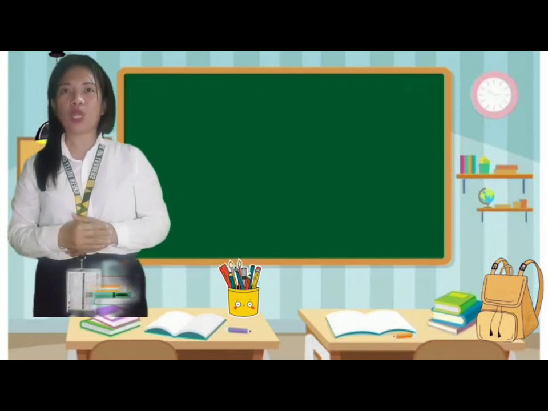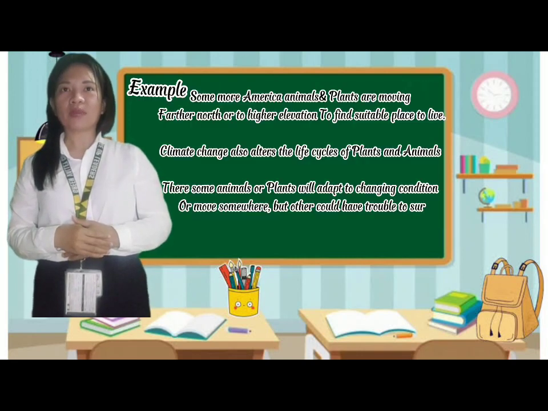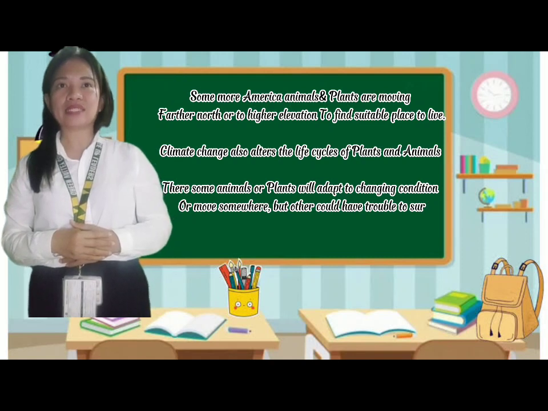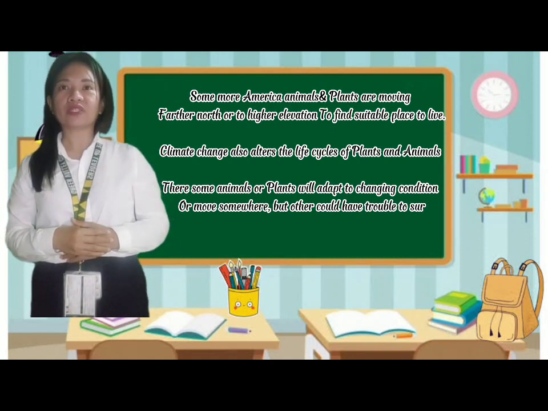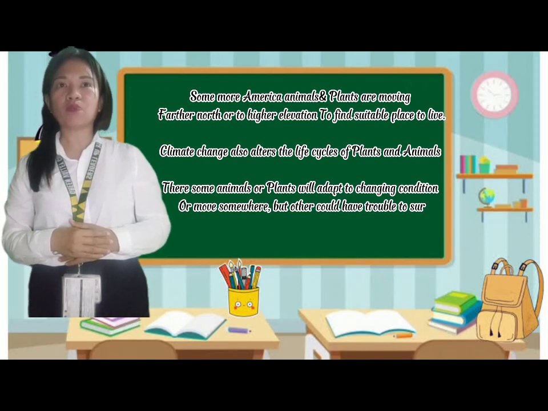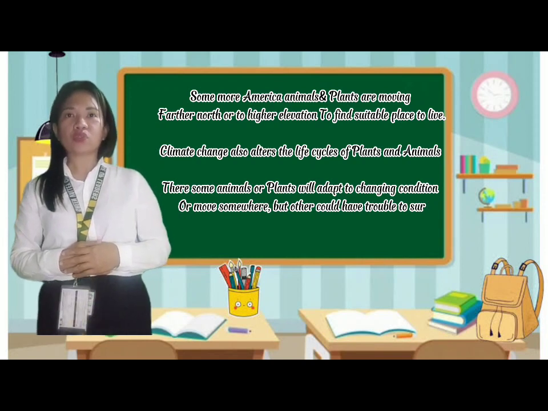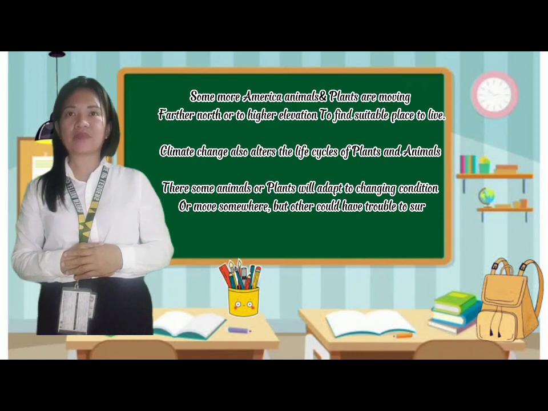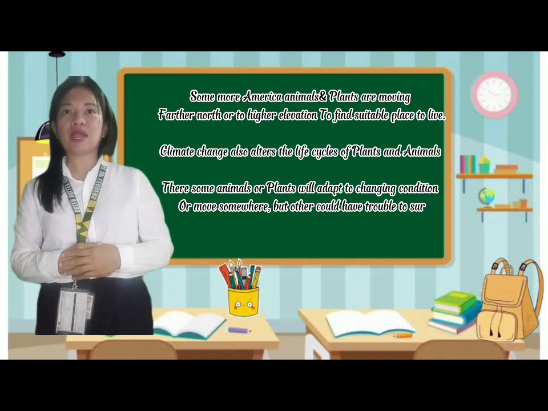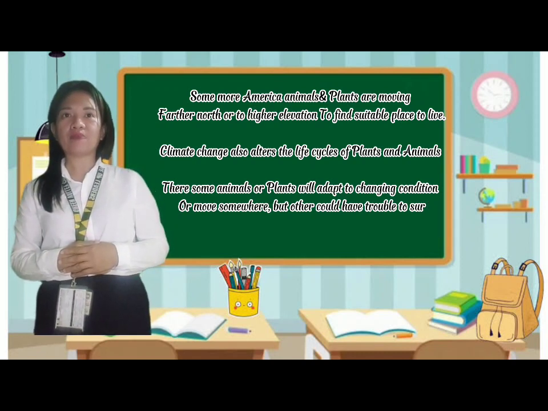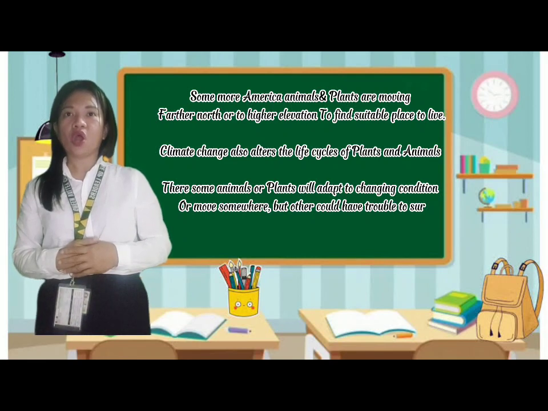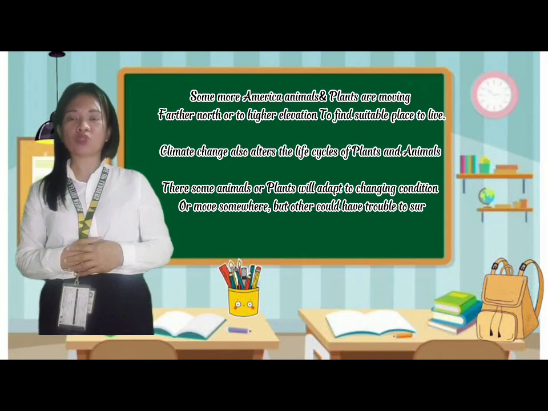For example, some North American animals and plants are moving farther north or to higher elevations to find a suitable place to live. Climate change also alters the life cycle of plants and animals. Some animals or plants will adapt to the changing conditions or move somewhere, but others could have trouble surviving.